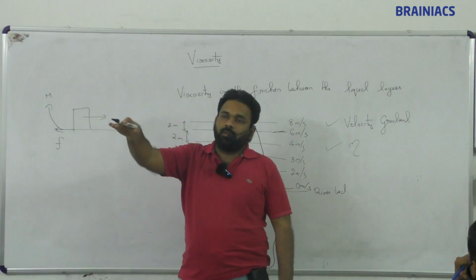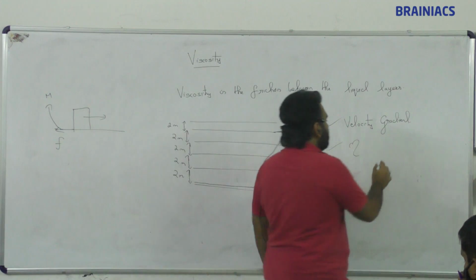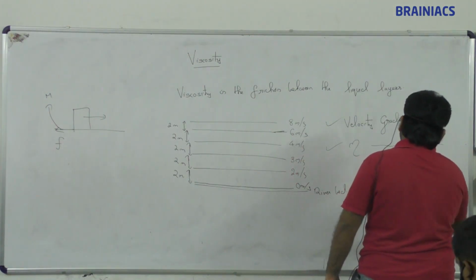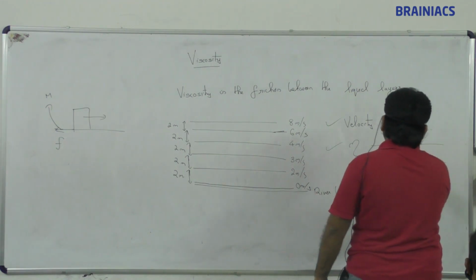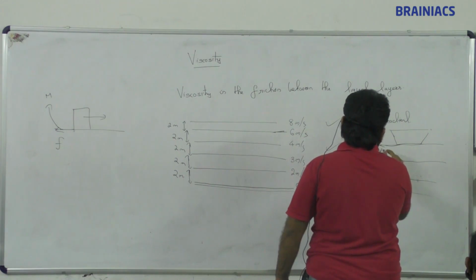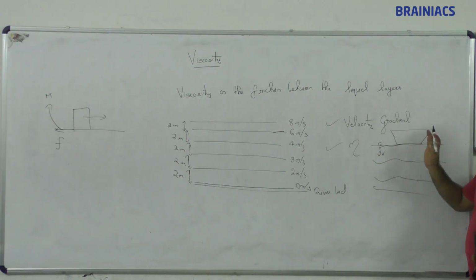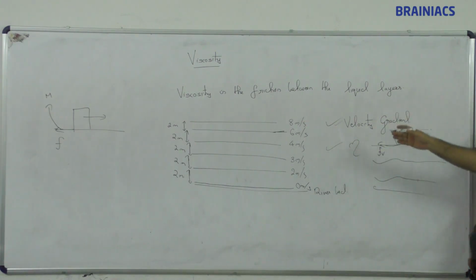Suppose a plank or a boat is moving in water, if a boat is moving, how much viscous force will be experienced by this boat? All these things we will study now. So just mark this velocity gradient. Clear? All these things understood or what? Those who do not know, please mark this.